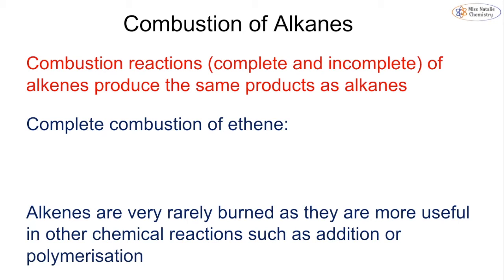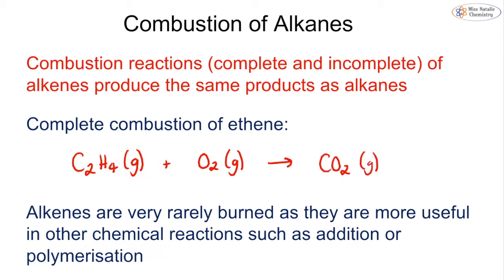Now, one reaction that is exactly the same, no difference, is our combustion. So regardless of if we have complete or incomplete combustion, we're still going to produce these same products. So if we have the complete combustion of ethene, we have C2H4, which is a gas, reacting with the oxygen to form our same products that we've seen a few times now, the carbon dioxide and the water.